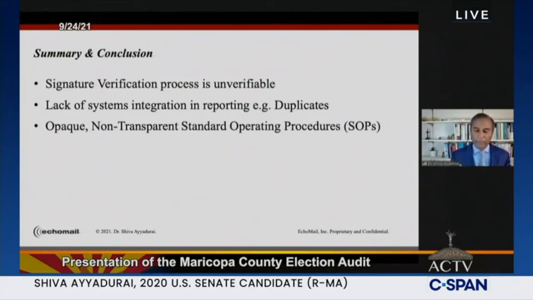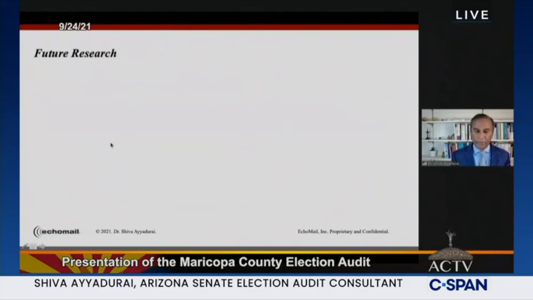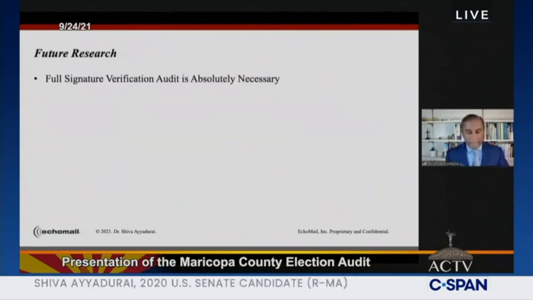That wasn't the scope. But even on the ballots, we have far more duplicates than what are even in the system. And currently, because we haven't been able to get access to the standard operating procedures, that is opaque and non-transparent.